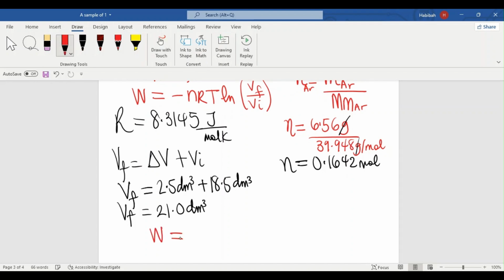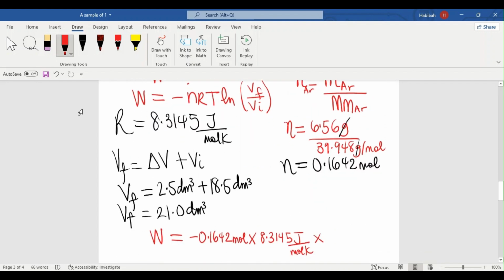So W equals negative 0.1642 mole times R, which is 8.3145 joules per mole Kelvin, times temperature, which is 305 Kelvin, times ln(V final divided by V initial).